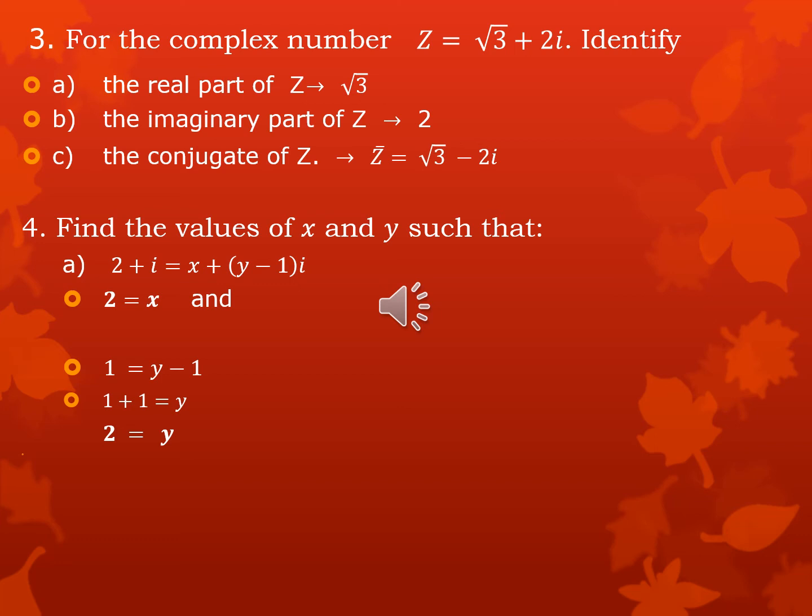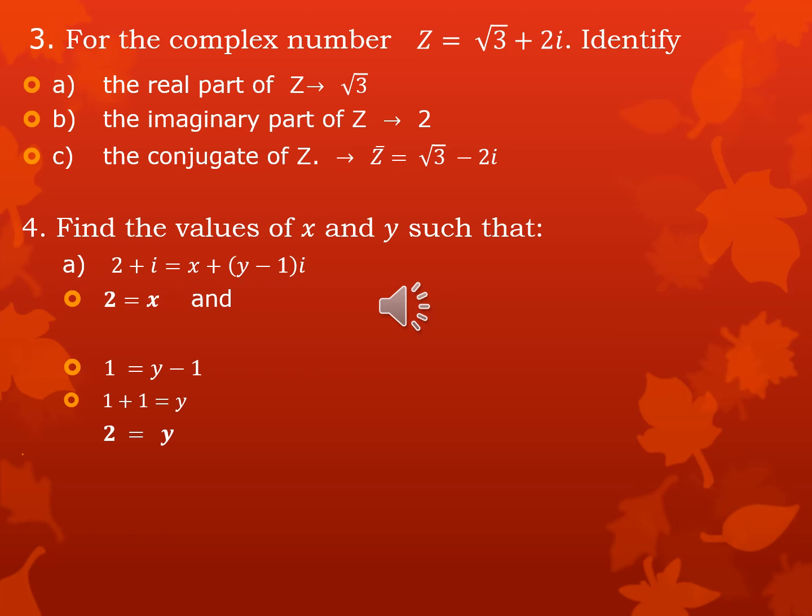Now we have to equate the imaginary part from the left hand side with the imaginary part on the right hand side. So the imaginary part on the left hand side is 1, and that is equal to the imaginary part on the right hand side, which is y minus 1. So we end up with an equation 1 is equal to y minus 1.